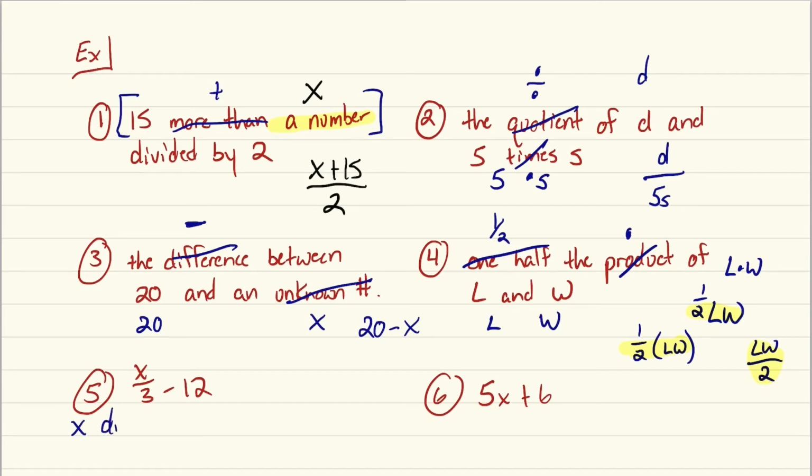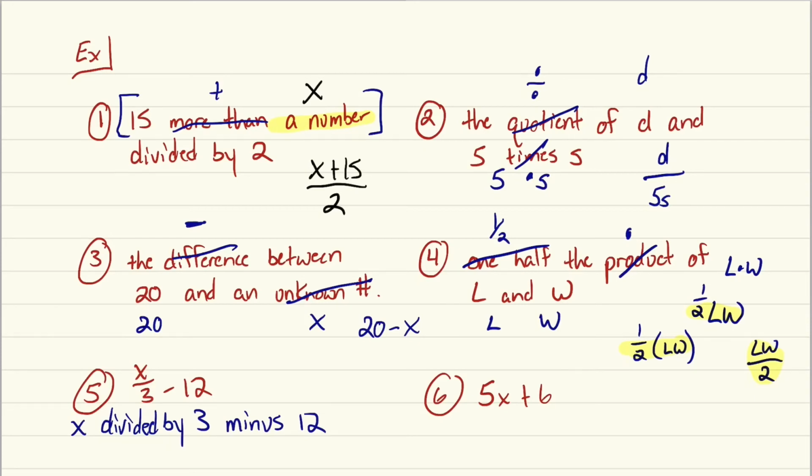x divided by 3, right, minus 12, right? You could easily write it that way, right?